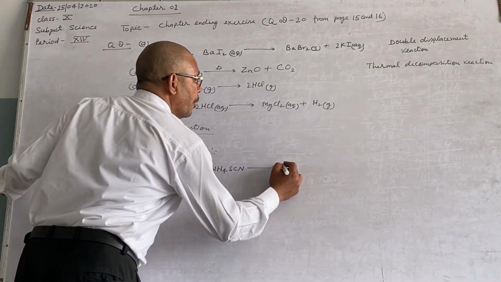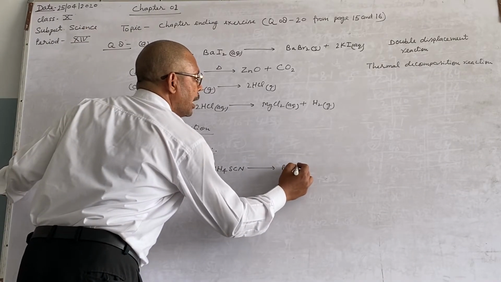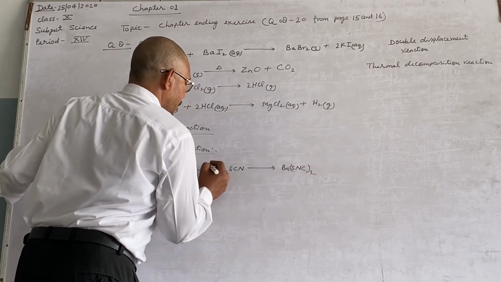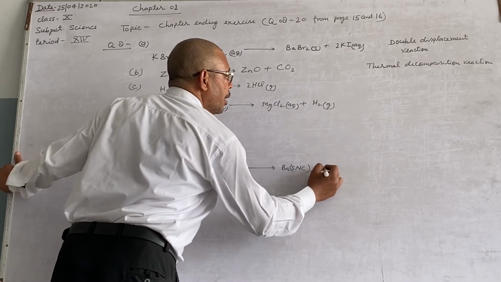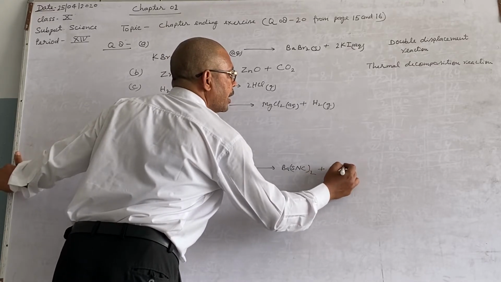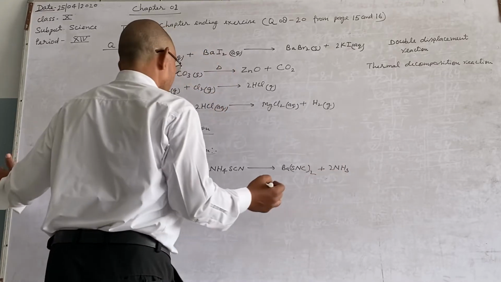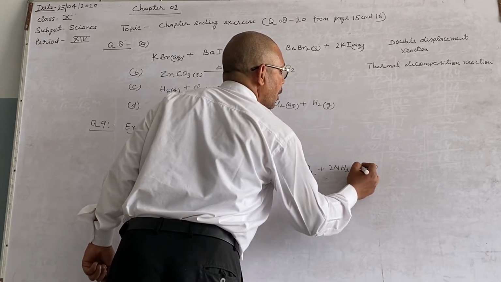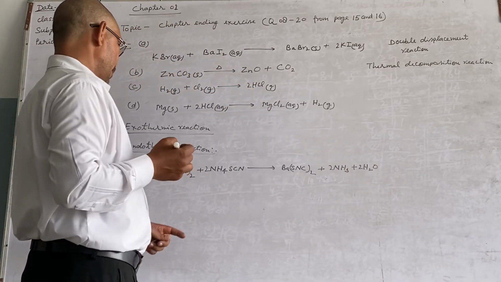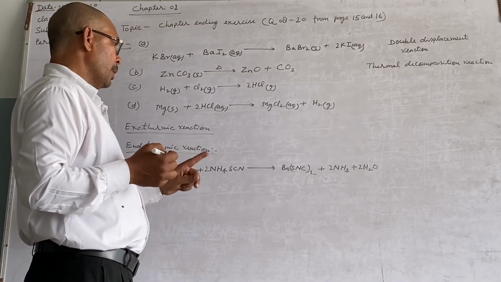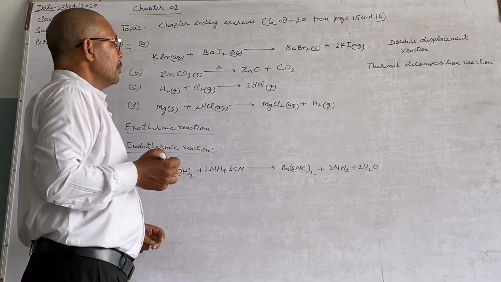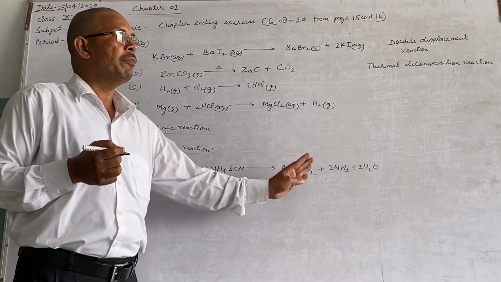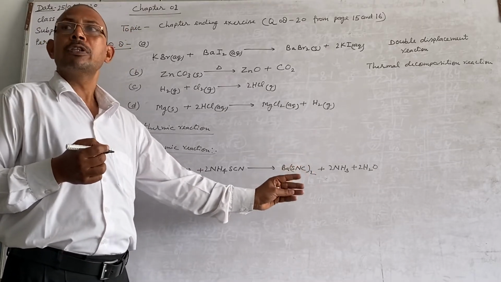They react to form barium thiocyanate, and they produce ammonia gas and water. This reaction is a very good example of endothermic reaction.